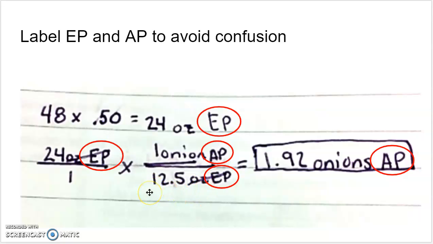That way she doesn't get it reversed, because she knows that when she does the dimensional analysis, she wants the EP to cancel and the AP to be left. And so she just treats that EP and AP like another dimension. She won't get it wrong. So I'd like to recommend that to you.